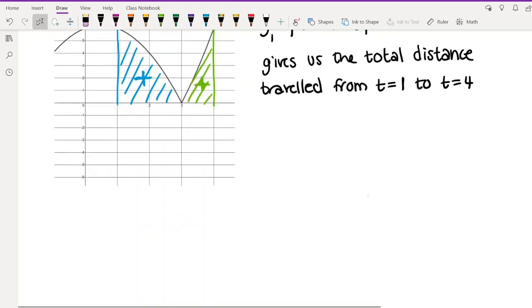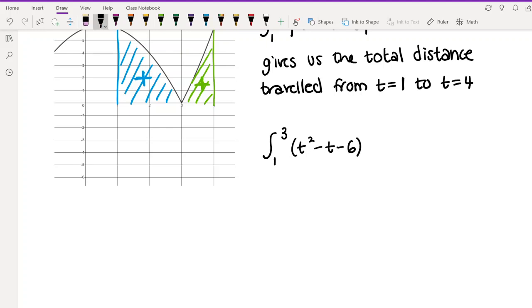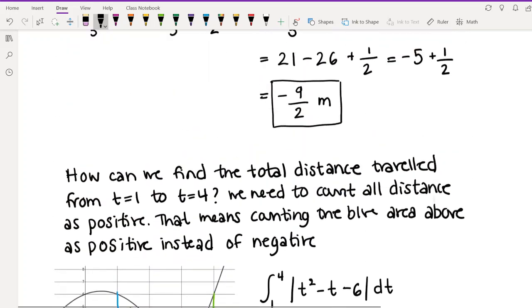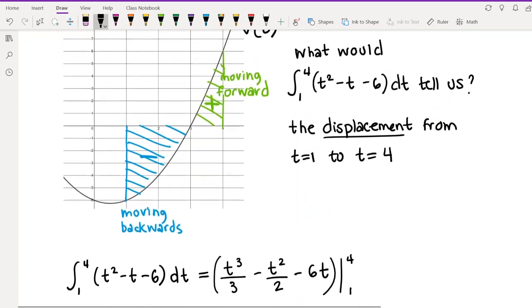So we're going to ignore the absolute value bars, and we're going to do the integral from 1 to 3, because that was the part that was originally negative, of this function. Sorry, I keep saying minus 6t when I mean minus 6. And then I'm going to put a negative sign out front because, looking at this original picture up here, we know that this is going to come out to be negative, right?